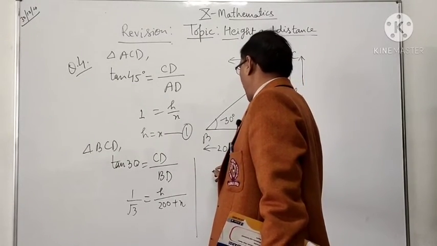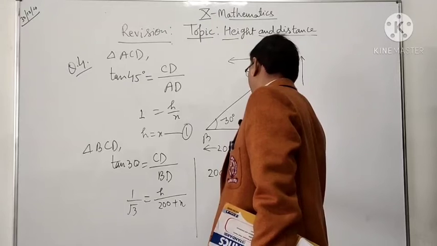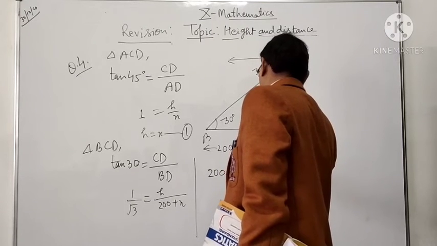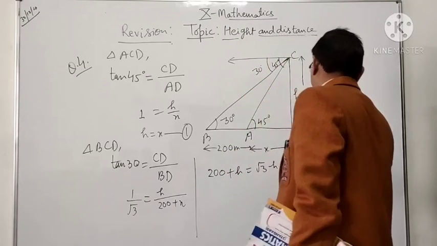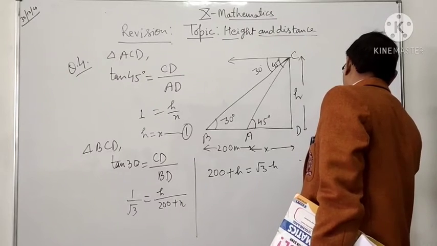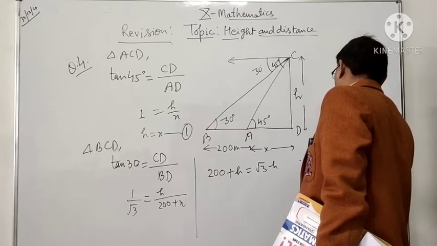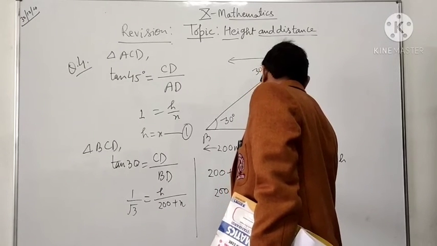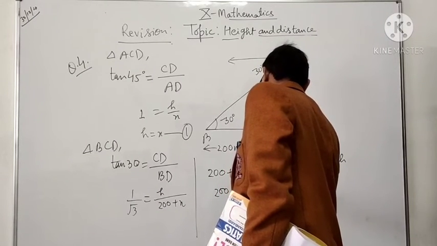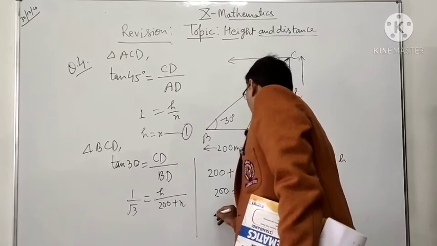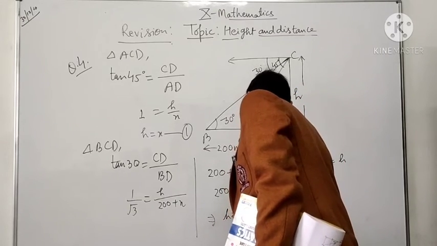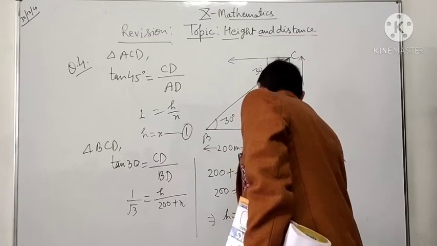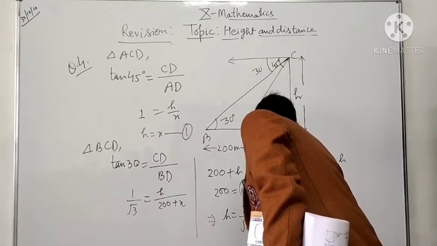So cross multiply, it is 200 plus H equal to root 3 H. Since X equal to H, 200 equal to root 3 minus 1 into H. Then H equal to 200 upon root 3 minus 1.